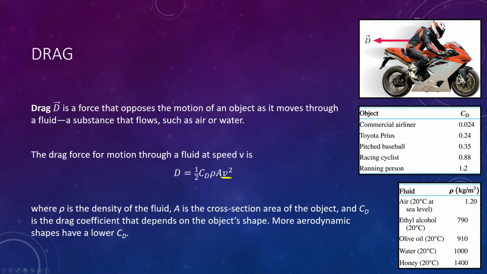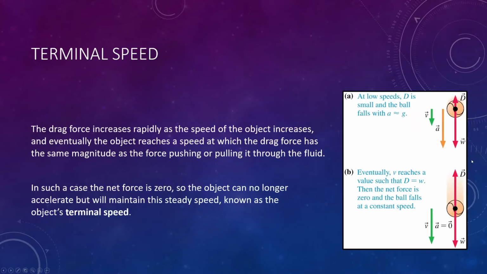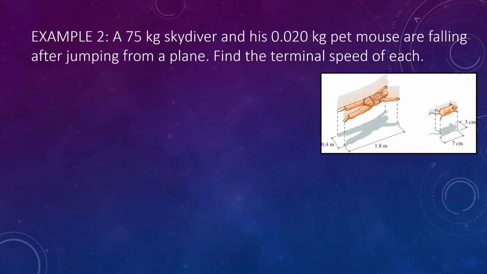Well, a person running through air is basically identical in terms of the drag experienced to a person laying flat and falling down, like you saw with the skydiver. So we're going to assume that it has a C_D value of 1.2, which is the C_D value for roughly a cylinder. And if you think about it, our bodies are roughly cylindrical.